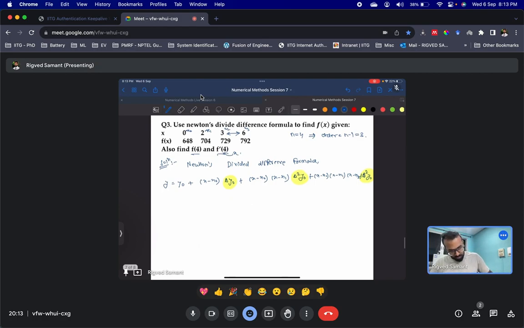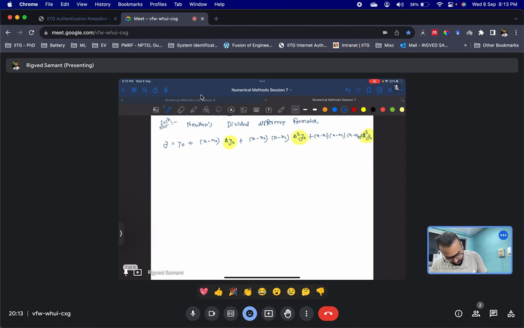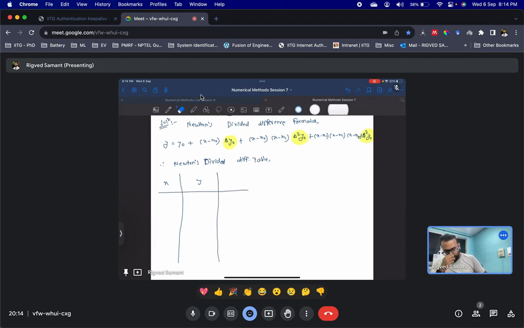So how to construct Newton's divided difference table. It will have x and y.